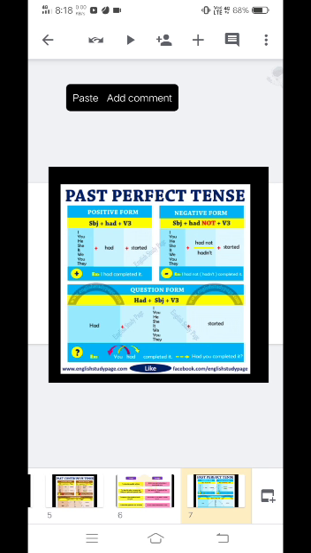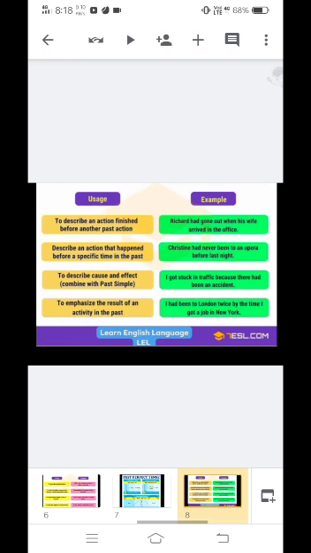In its question form, in interrogative, this is formed by putting had before the subject: had plus subject plus verb third form, had plus I, you, he, she, it, we, they plus started. Like we have a simple sentence, you had completed it, and when we convert it into interrogative, we ask had you completed it. Okay, so let's see its uses with examples.